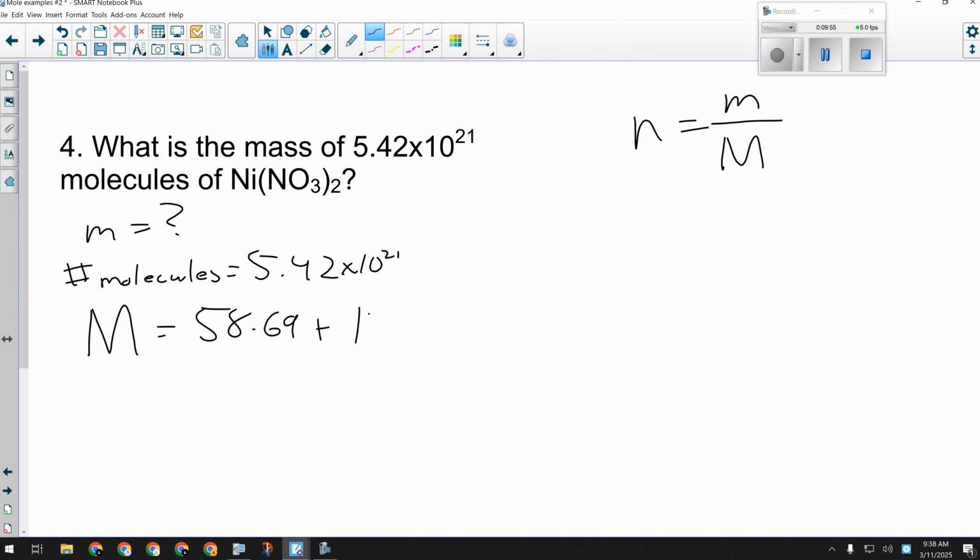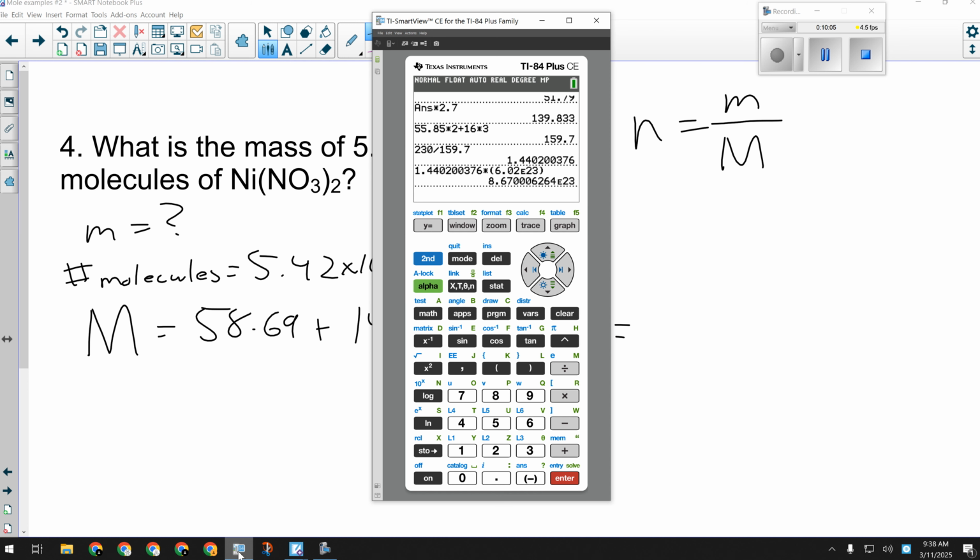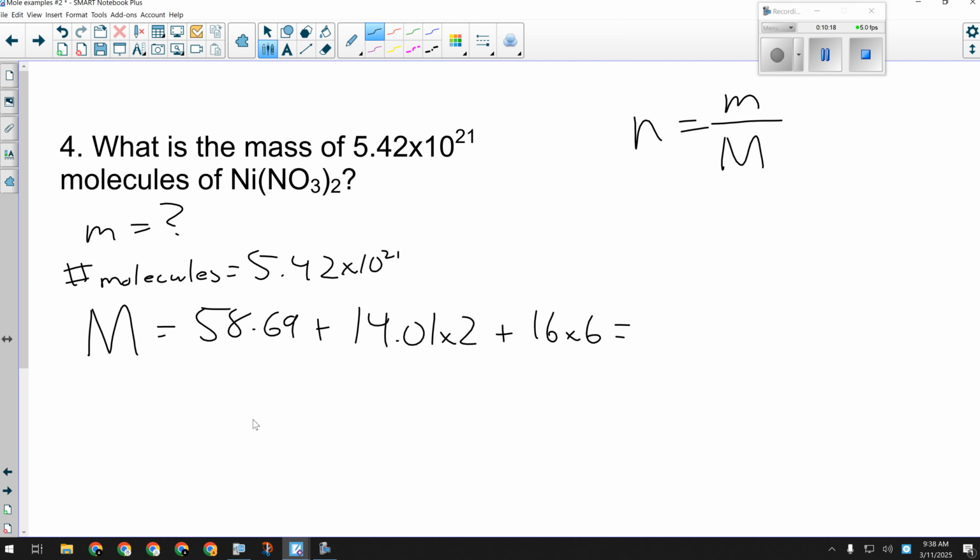So 14.01 times 2. And how many oxygen? 6. So 16 times 6. All right, 182.71 grams per mole.